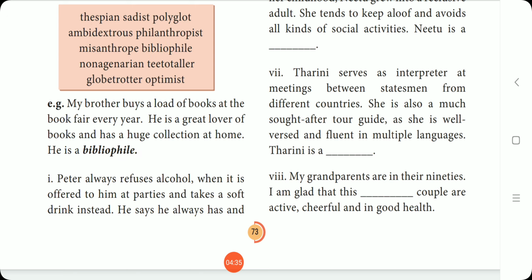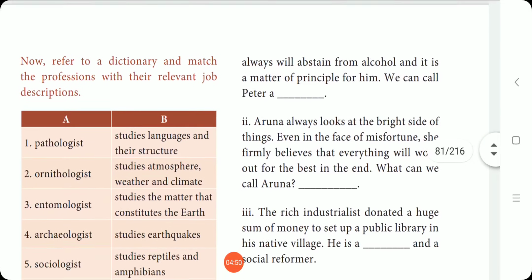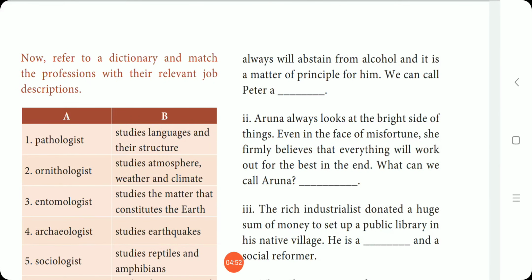Peter always refuses alcohol when it is offered to him at parties and takes a soft drink instead. He says he always has and always will abstain from alcohol and it is a matter of principle for him.